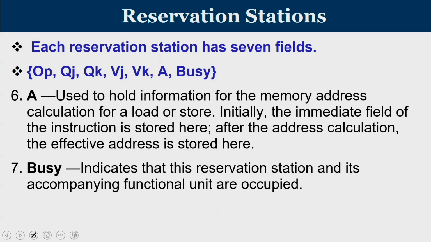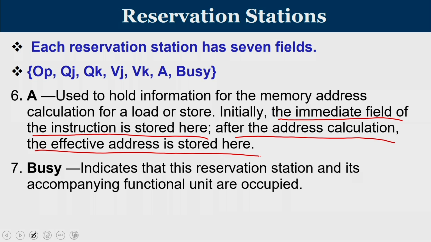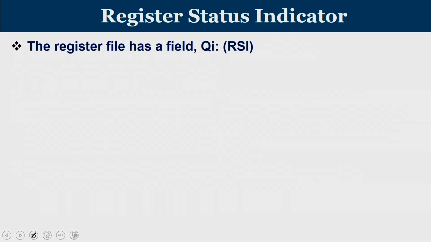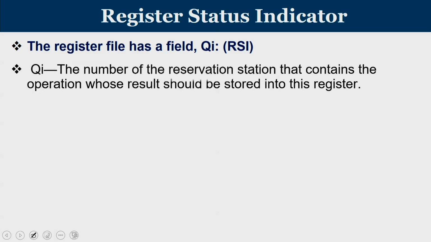Now, A is used to hold information for memory address calculation for a load or a store. Initially, the immediate field of the instruction is stored here, and after the address calculation, the effective address is stored in this field. Busy indicates that this reservation station and its accompanying functional unit are currently occupied. The register file has a field known as Qi, that is known as RSI.